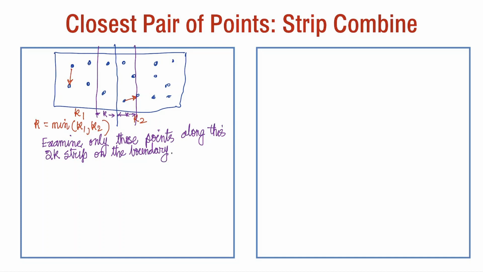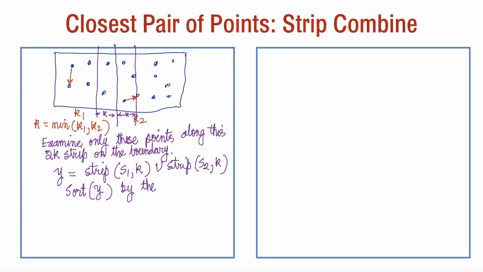And these 2K strips on the boundaries, I will find the set of points y, which consists of strip S1 using K, union strip S2 with K. Then I will sort y.